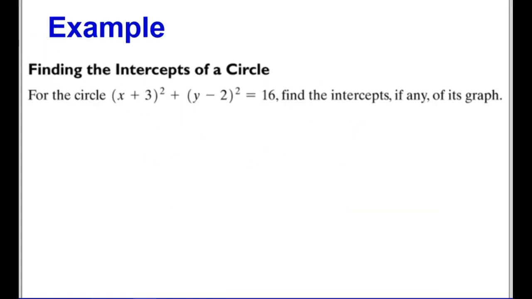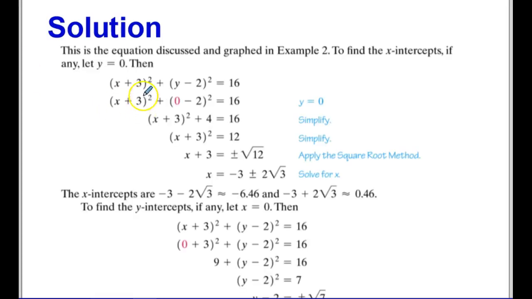Now I'm asked to find the intercepts, because oftentimes our circles will intercept either the x-axis or the y-axis, and sometimes that data can be very useful to us. Just follow this one little step at a time. I want to find the x-intercepts first, so I set y equal to 0. Once y becomes 0, I can continue to simplify.